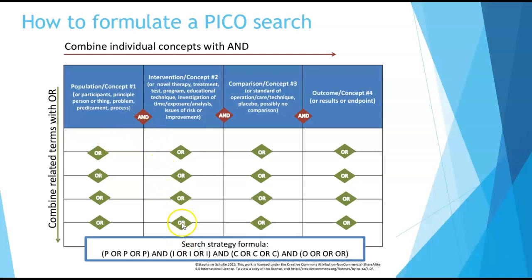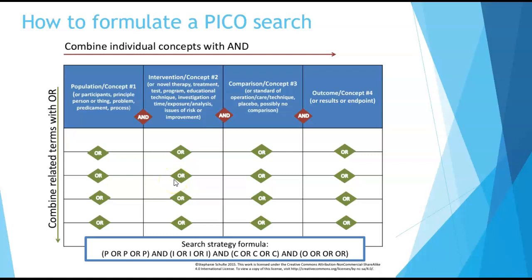And then you will also see that they list the search strategy formula down in the lower rectangle, where they're saying put all the P's together. You put the one word, then you add the word or, then you put the next word. And then you put the word and you move over to the next column.